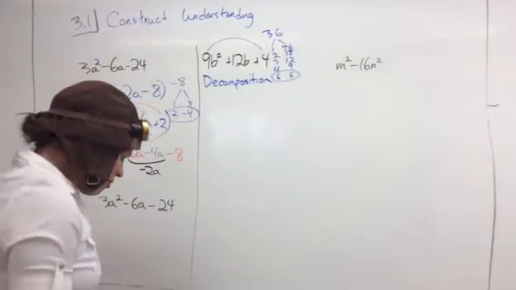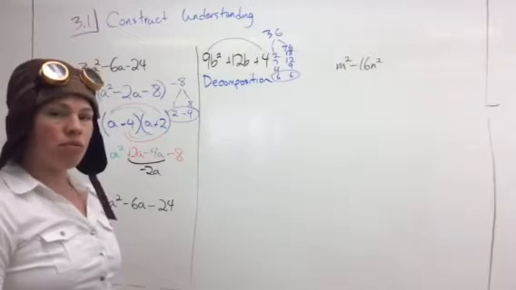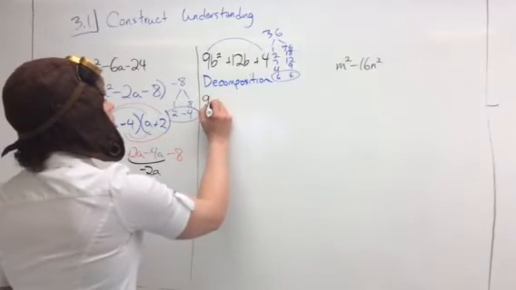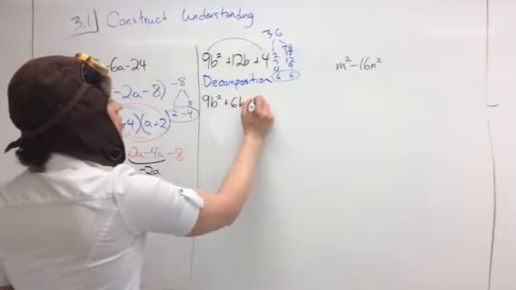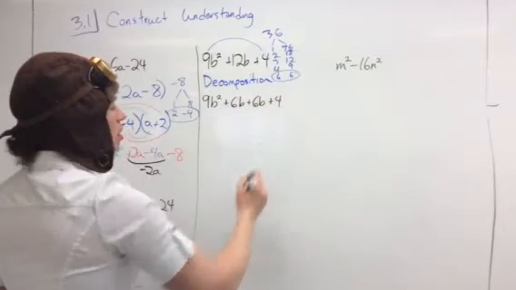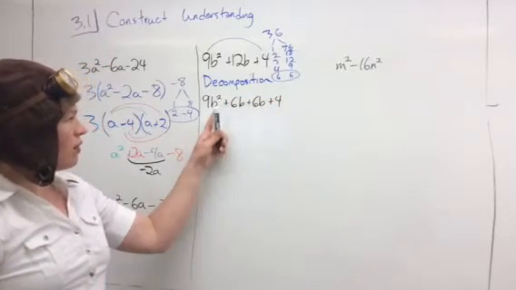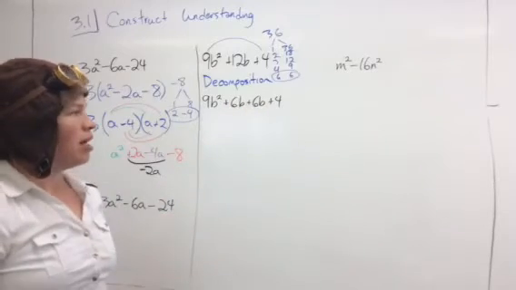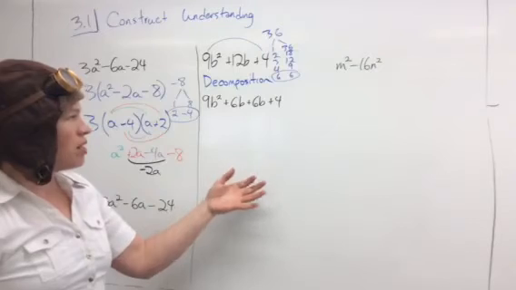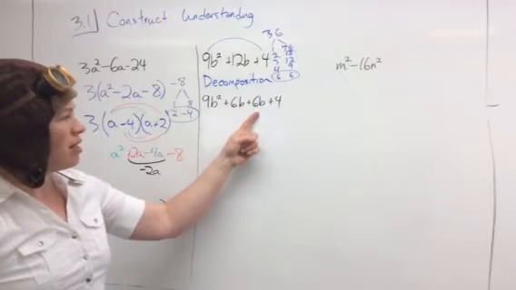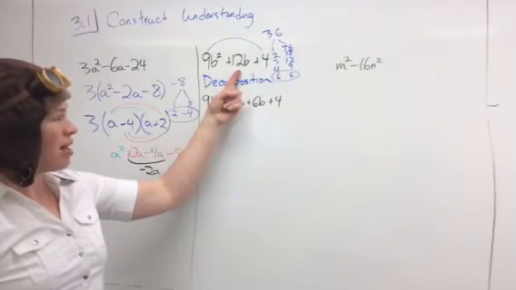So I'm going to rewrite my equation now using those middle terms. You can see that this looks like first, outside, inside, last. And that's exactly what it is. We're basically going backwards, saying, okay, I combined these 2 middle terms in order to get that.